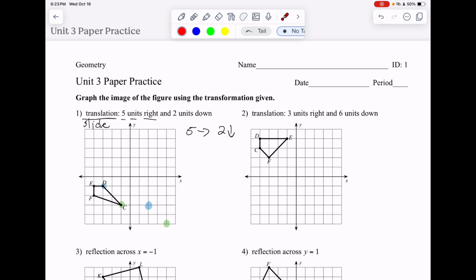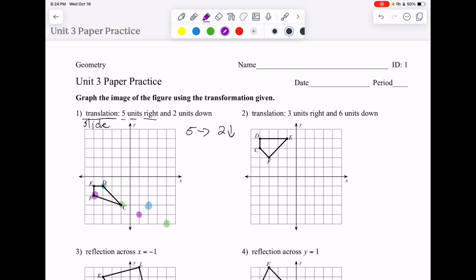So these other blue and green dots should be that same relationship. Now we have, let's pick a different color. How about purple for F? And F is 1, 2, 3, 4, 5 units right and 2 units down. So F will be right there, which makes sense because it's got that same relationship to the blue dot.